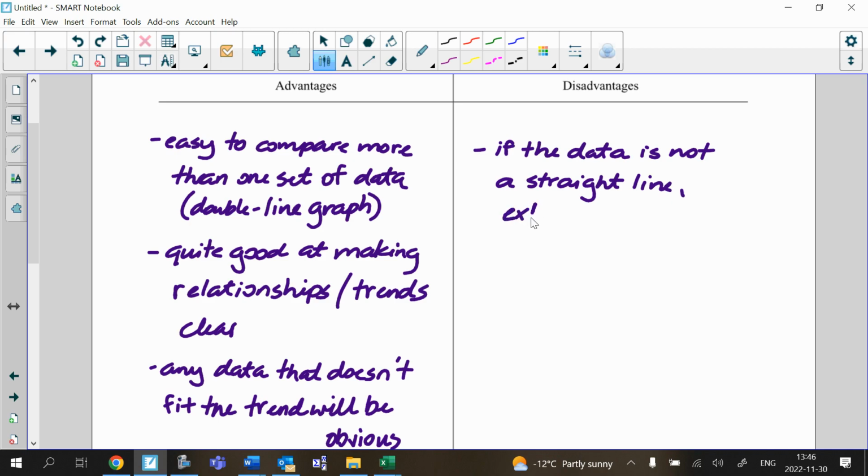So if it's fluctuating, it could be hard to predict results outside the range of data that we're given. We could still do interpolation, but extrapolation could become difficult.